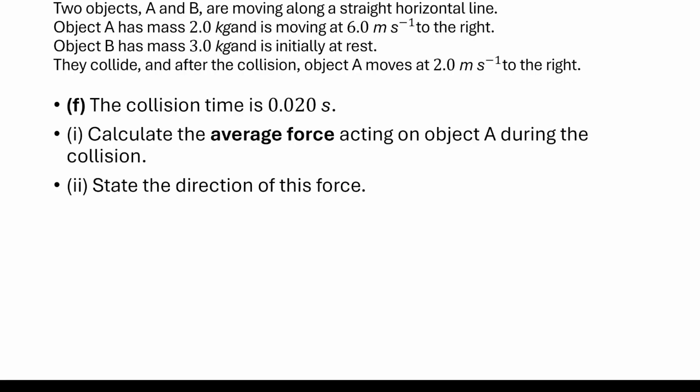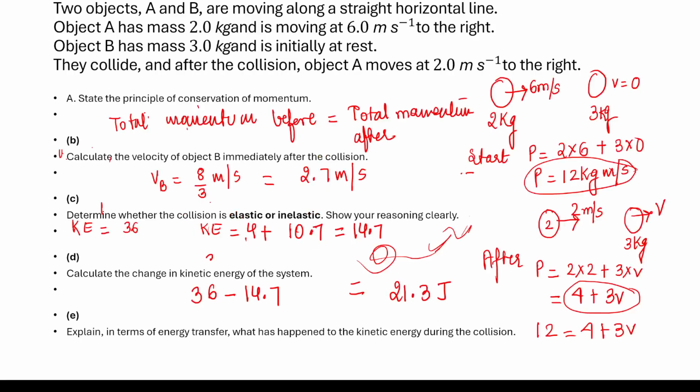Now we're continuing with the same question, only this time it has given us the collision time. So the collision time is 0.02. What's the average force acting on A? So remember, force is change in momentum over time. And the change in momentum for A: the starting momentum of A was 12.